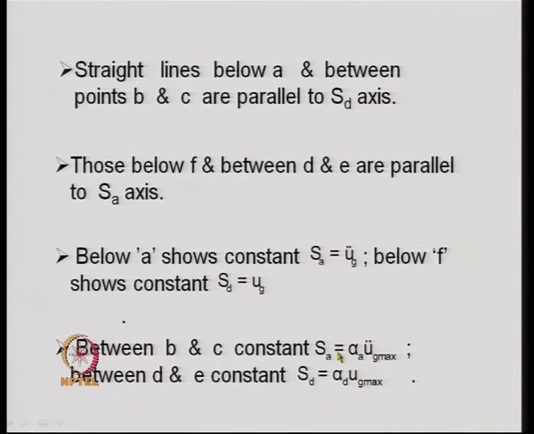The SA in that segment is equal to some multiplication factor alpha A into the maximum ground acceleration, and on the other side the maximum displacement, or the SD, is shown as some multiplication factor multiplied by the maximum ground displacement.